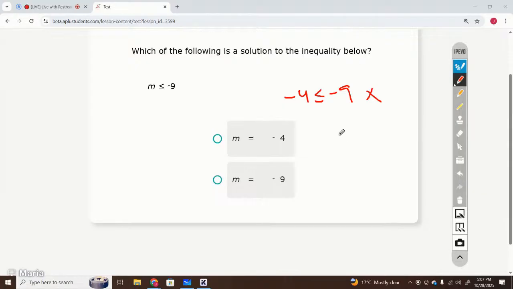False it is, because negative 4 is greater than negative 9. The next one is negative 9 is less than or equal to negative 9. That is true.